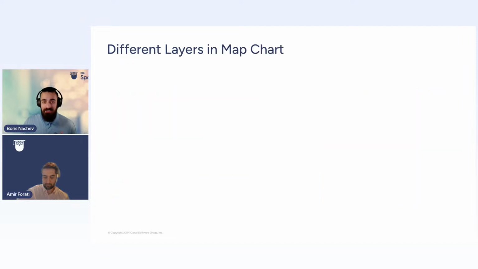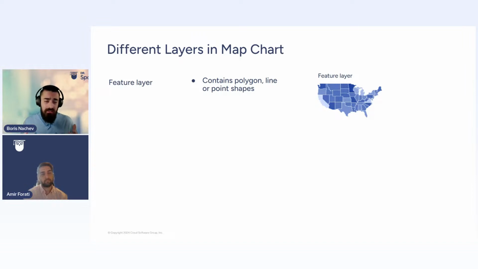And talking about layers, this is something that Amir is going to talk a bit more about shortly. But just as a quick overview, there are different layers in the map chart in Spotfire. A feature layer contains features or shapes of polygon, line, or point.